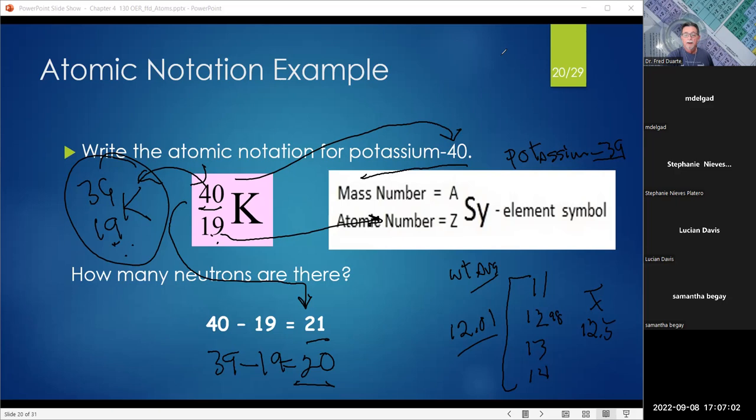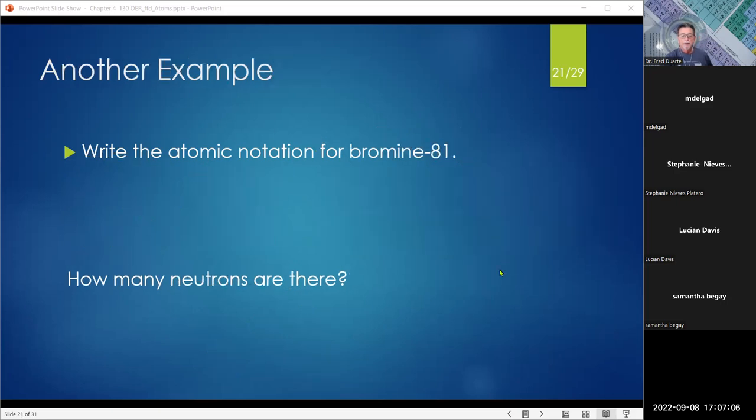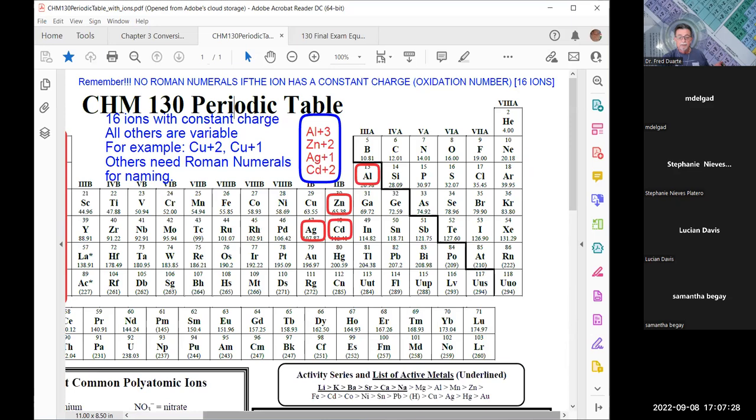Okay. And we'll do some more examples here. So here we got this one. It says write the atomic notation for bromine 81. Well, first of all I would ask myself, is bromine 81 the most common isotope? I need the atomic number anyway, so I look up bromine on the periodic table.